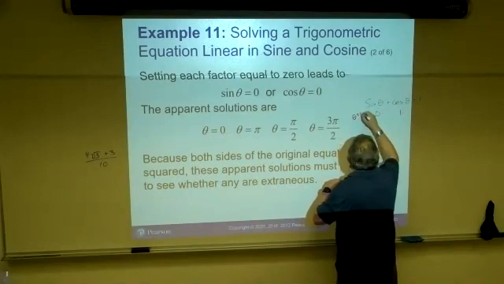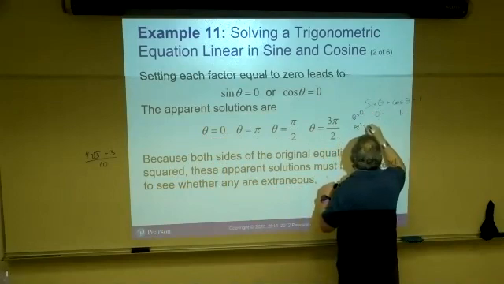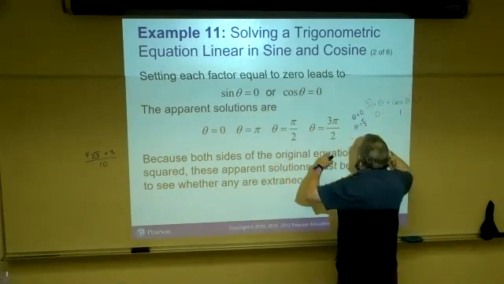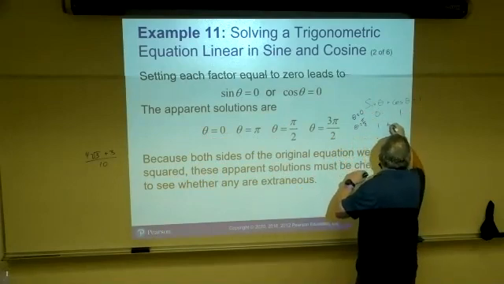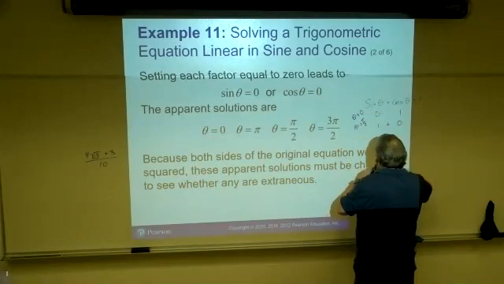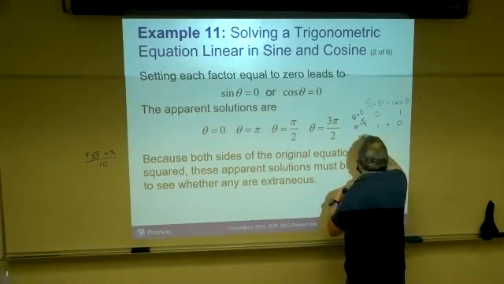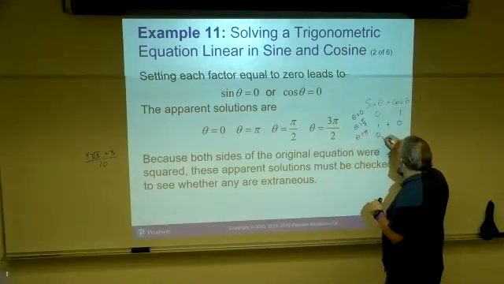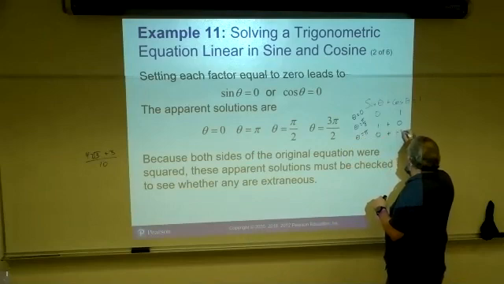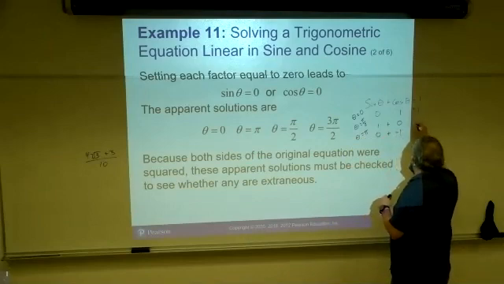When theta equals pi over 2, because I'm going to go in order around the circle, sine is 1 and cosine is 0. Now when theta equals pi, sine is still 0, but now cosine is -1. This equals 1, this equals 1, this equals -1.